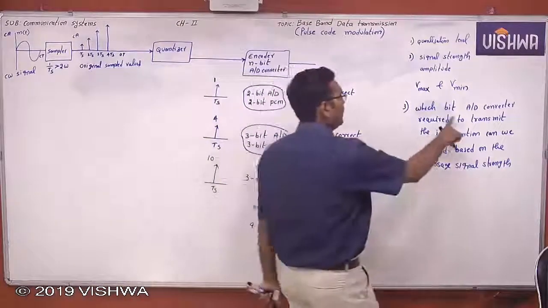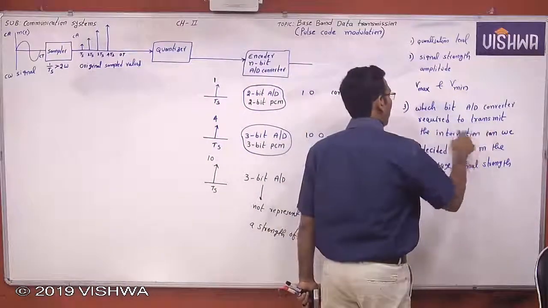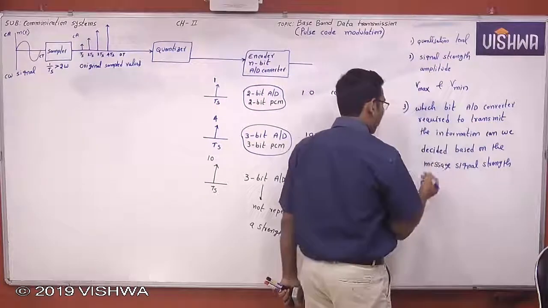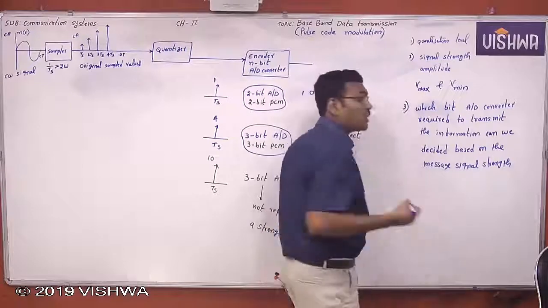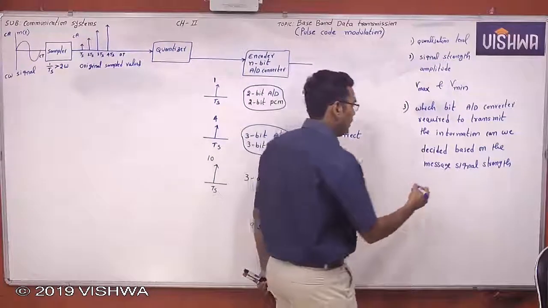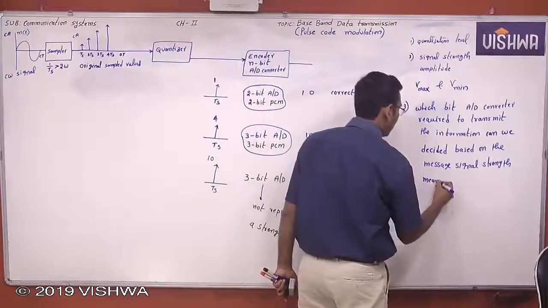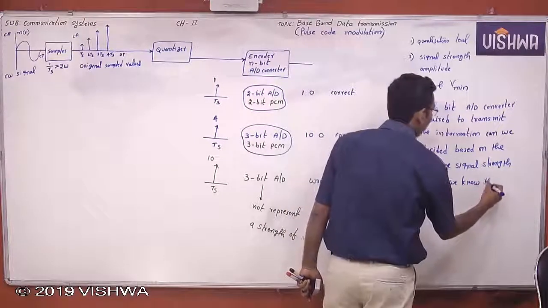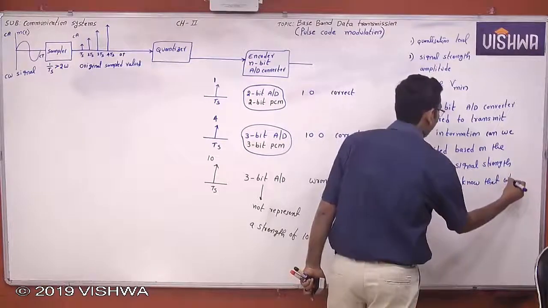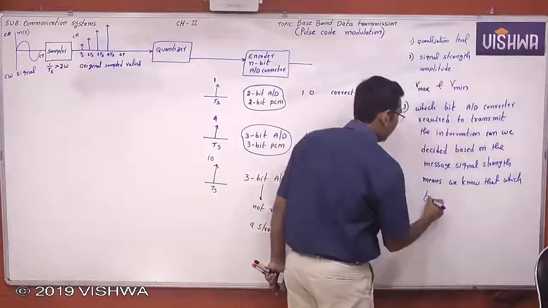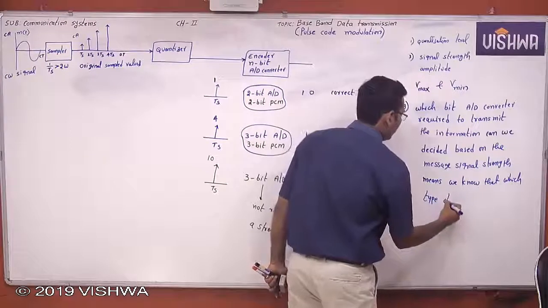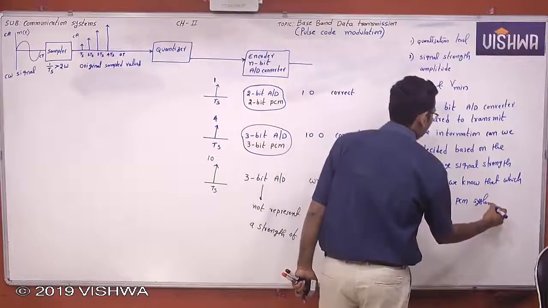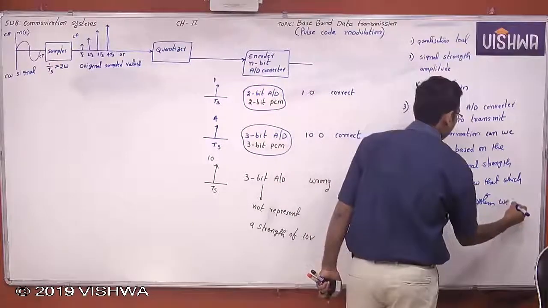Therefore, which bit A to D converter is required to transmit the information can be decided based on the message signal strength. Means we know which type of PCM system we are designing.